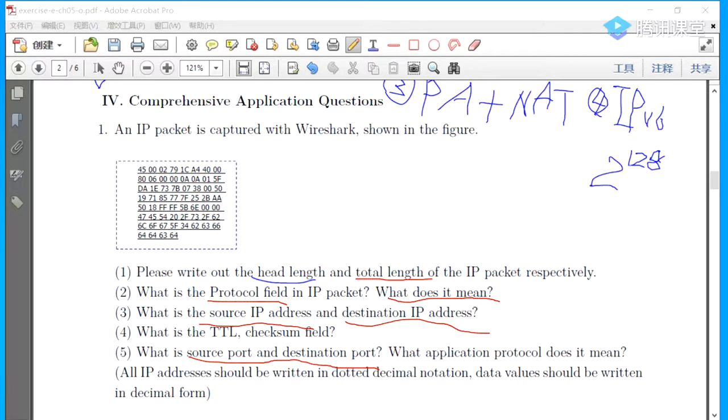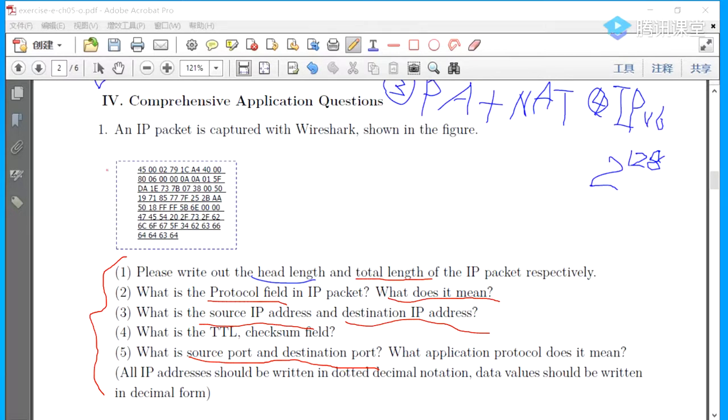So from the information captured, we can determine each field value and its meaning.